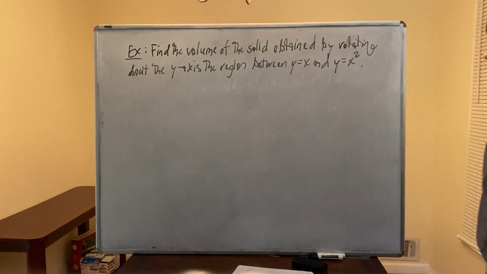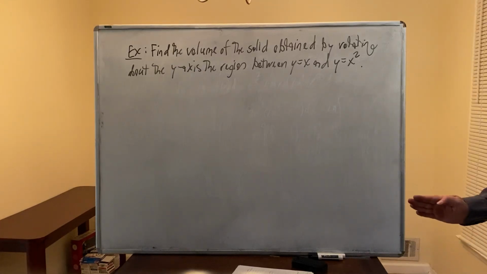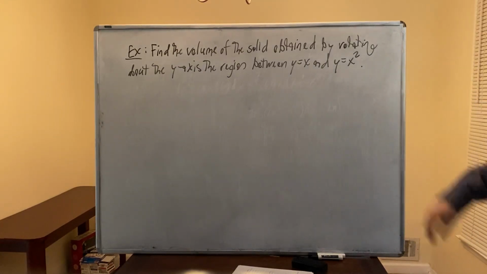Find the volume of the solid obtained by rotating about the y-axis, the region between y equals x and y equals x squared.